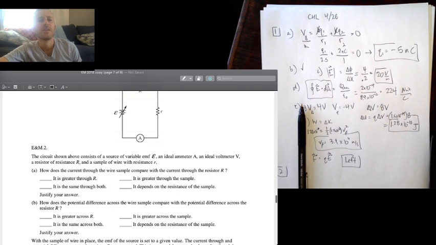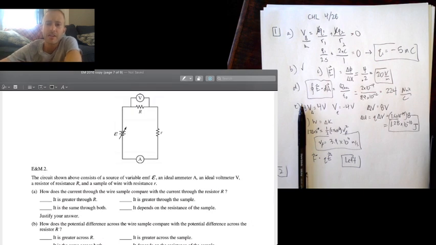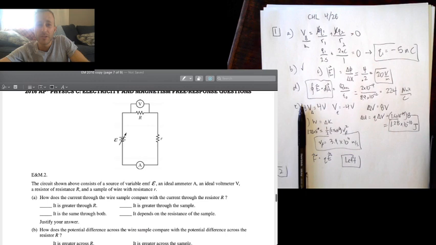So this has no RC circuits. Interesting. The circuit above consists of a source of variable EMF E, an ideal ammeter, an ideal voltmeter, a resistor of resistance big R and a sample of wire with the resistance little r. How does the current through the wire sample compare with the current through the resistor R? Well, voltmeters are just there on the side.